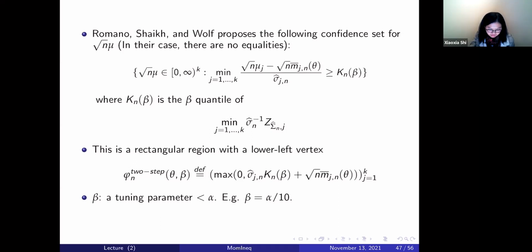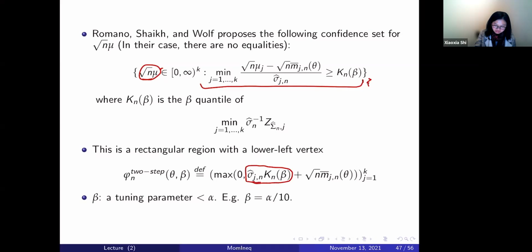All right, so this is too much math. So basically, Romano, Shaikh, and Wolf consider a confidence set for root n mu that is of this form. And that is a rectangular set. And we can use the lower left corner of that rectangular confidence set to replace, right? So that's the value that you use to replace root n m.